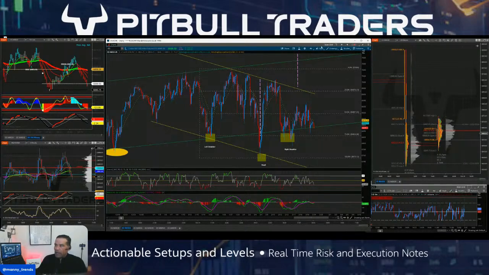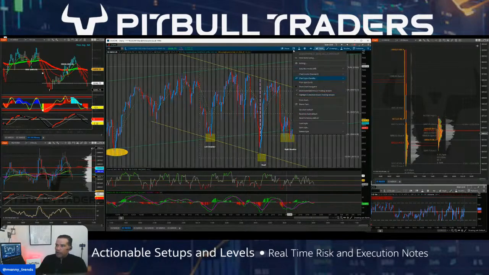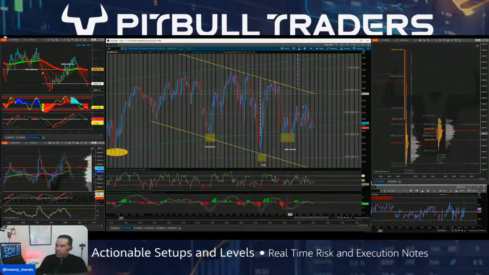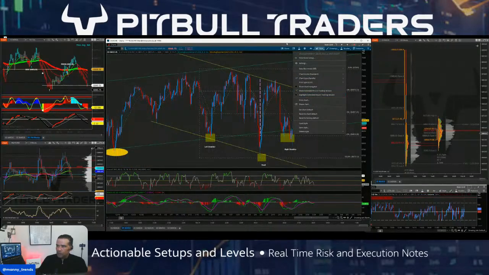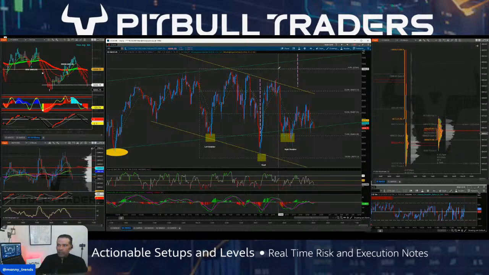Now, keeping that in mind, let's remember that we haven't been to the top of the range since February 10th. So we've just been ping-ponging in between this larger range, and that's denoted here by this quad setup that I have, just marking out the edges and the center of the range.